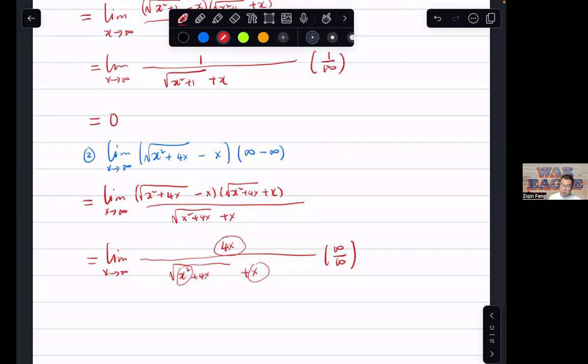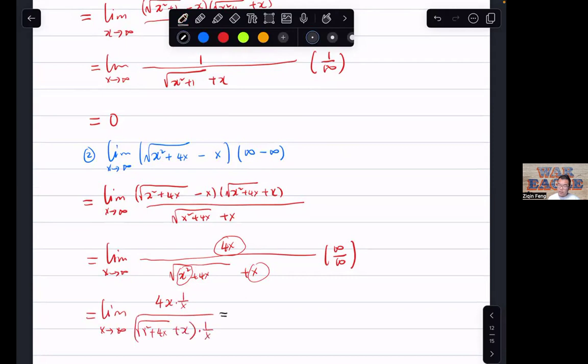So clearly we want to multiply by 1 over x on the numerator and denominator: 4x times 1 over x, over square root of x squared plus 4x plus x, times 1 over x. Make sure nothing changes, so we divide by x on both numerator and denominator.